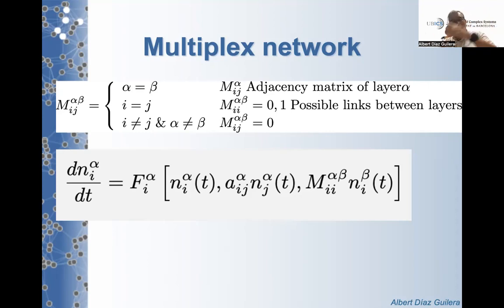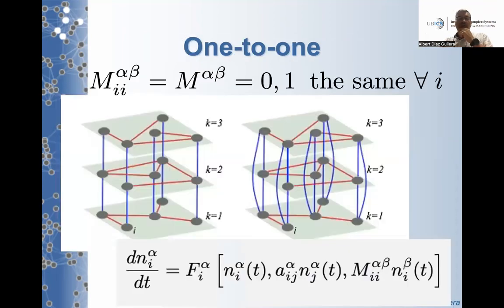i corresponds to the nodes, alpha corresponds to the different layers, and then we can write explicitly the dependence on this. So it depends on the states, it depends on the connectivities through this a_ij^alpha, the connectivities in the same layer, and then M_ii^alpha beta, the connectivities across the layers.